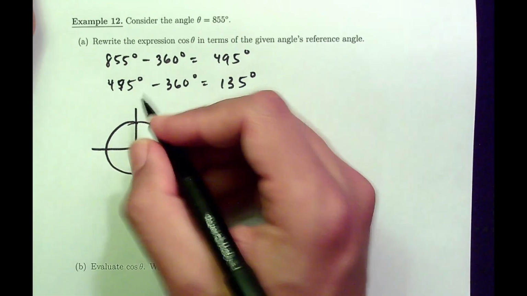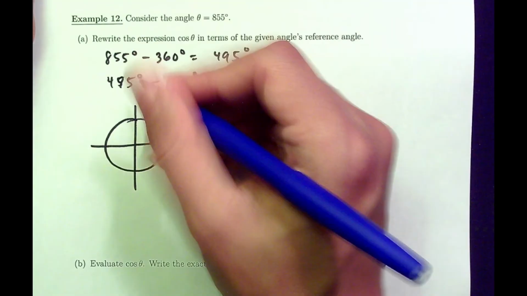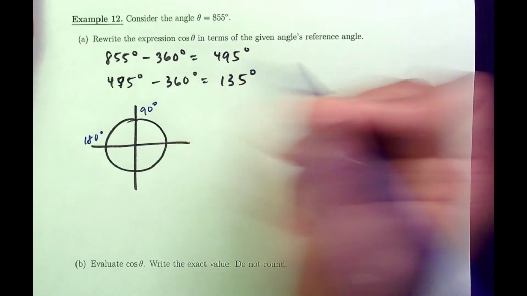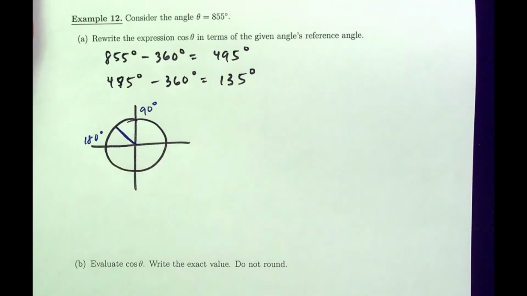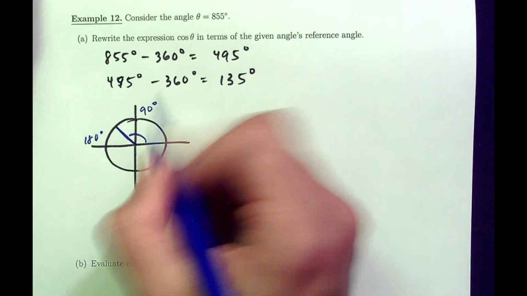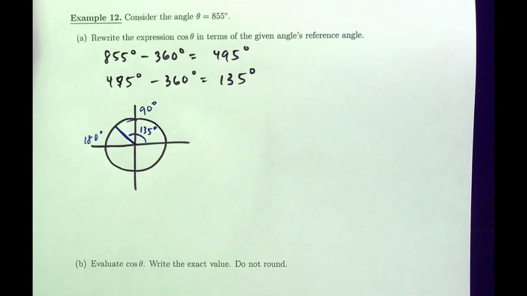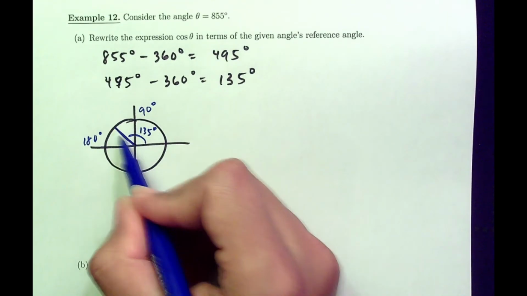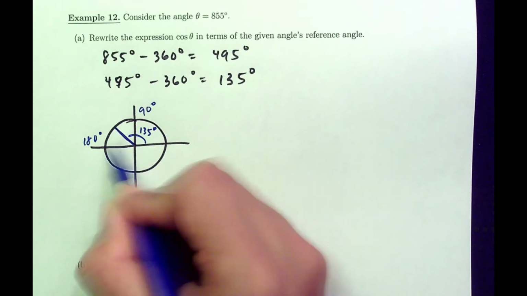Okay, let's draw the picture. That 135 is bigger than 90, but smaller than 180. So you're somewhere here in the second quadrant. Okay, that's 135. And now what is the reference angle? Well, the reference angle is the smallest angle between my angle, 135, and the x-axis.